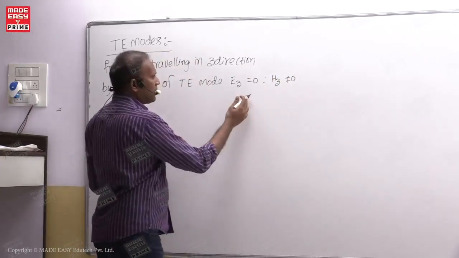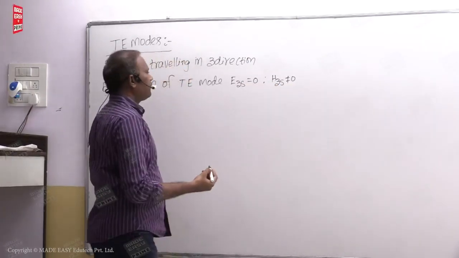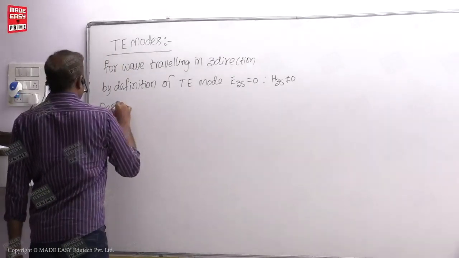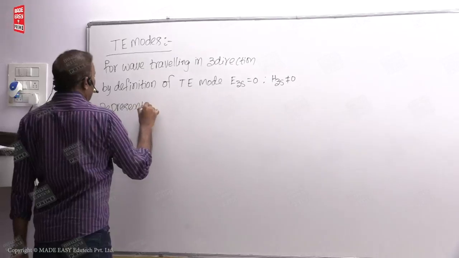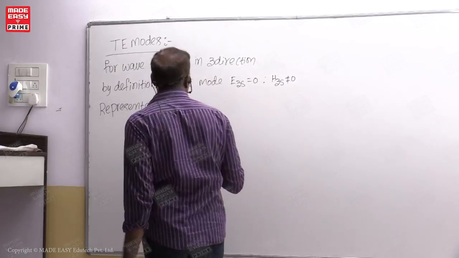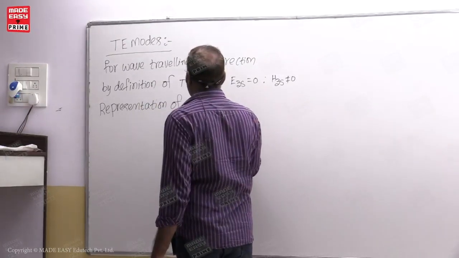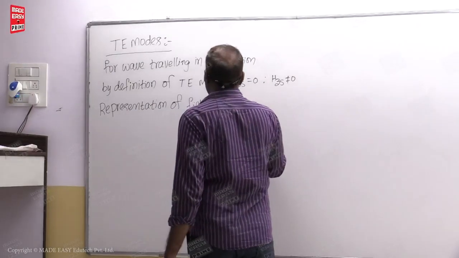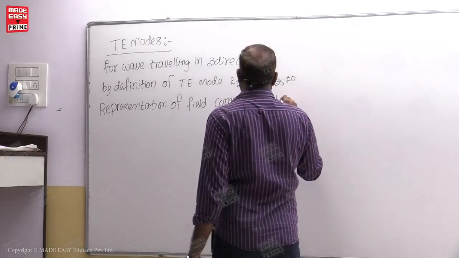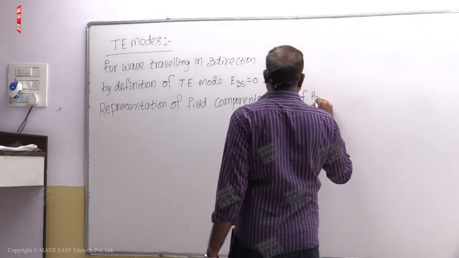Transverse electric means Ez is 0. In phasor domain, suffix S, steady state, is added. Now, the derivations I am doing: representation of field components in terms of HzS.